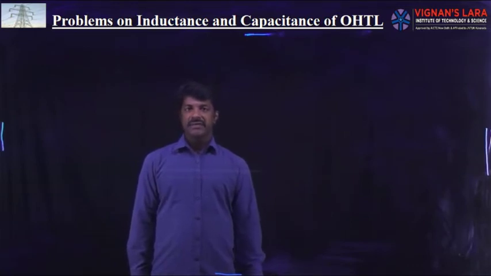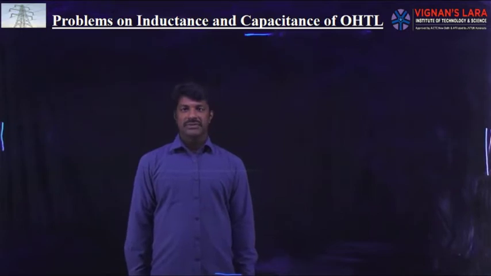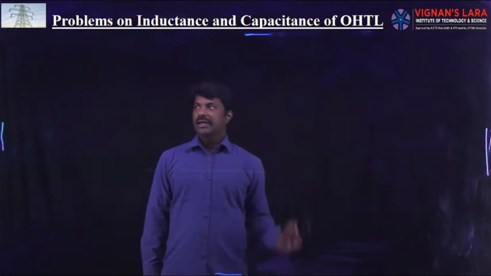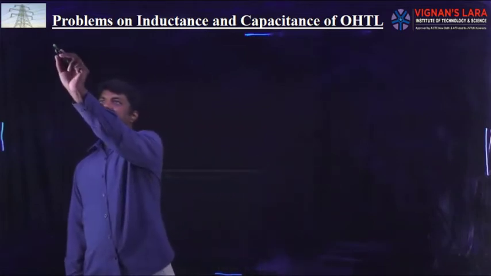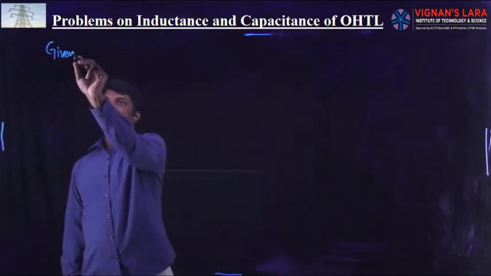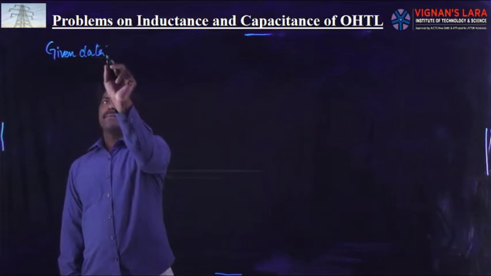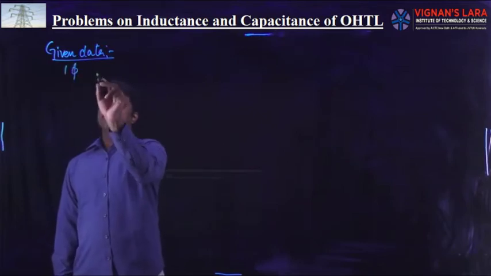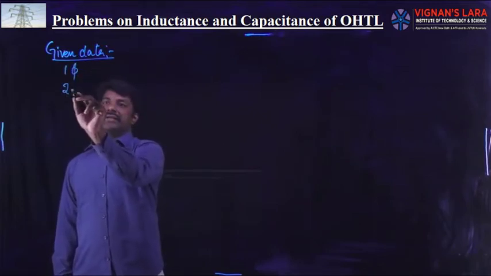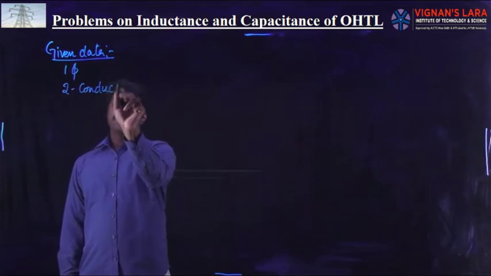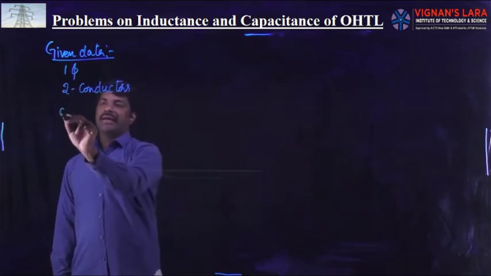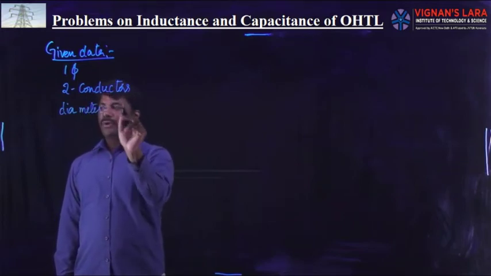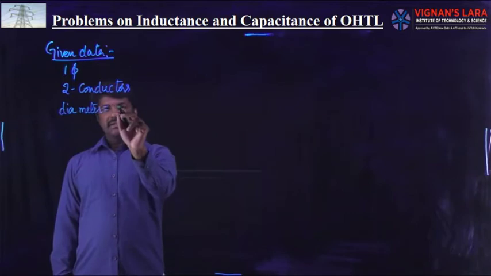If you saw the problem in the previous class, then coming to the given data in the problem, let us see the given data. It is a single phase circuit line which consists of two conductors, and the diameter of each conductor is 2 centimeters.